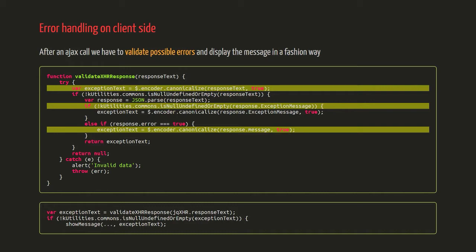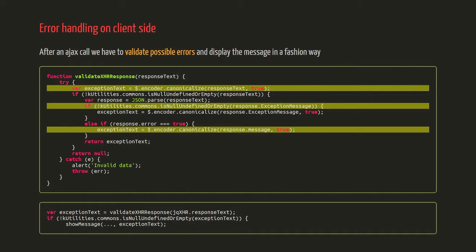And to be OWASP compliant and avoid injection, we must also handle errors on the client side. After an AJAX call, we have to validate possible errors and display the message in a correct way. We can use the canonicalize method of the jQuery encoder to validate the structure of the error response, as you can see in this example.